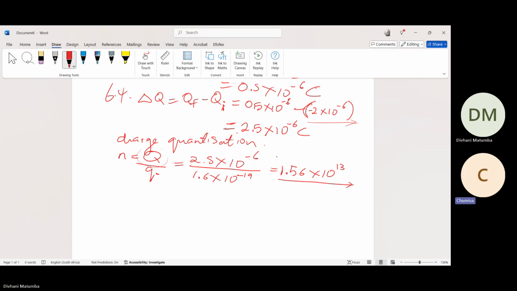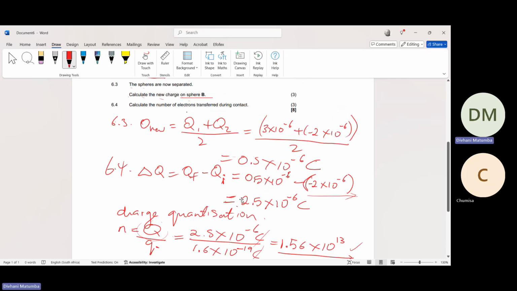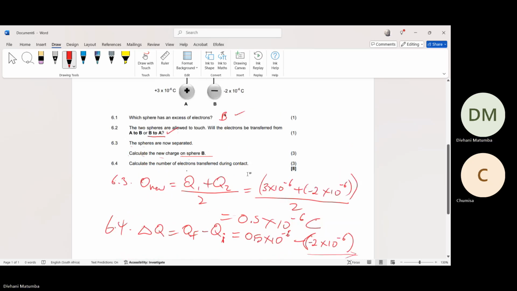So it's only charges that have units, which are coulombs. This one was coulombs, and the bottom one is coulombs as well. The coulombs cancel, you see. Yes, sir. Okay, so you have successfully answered this question.